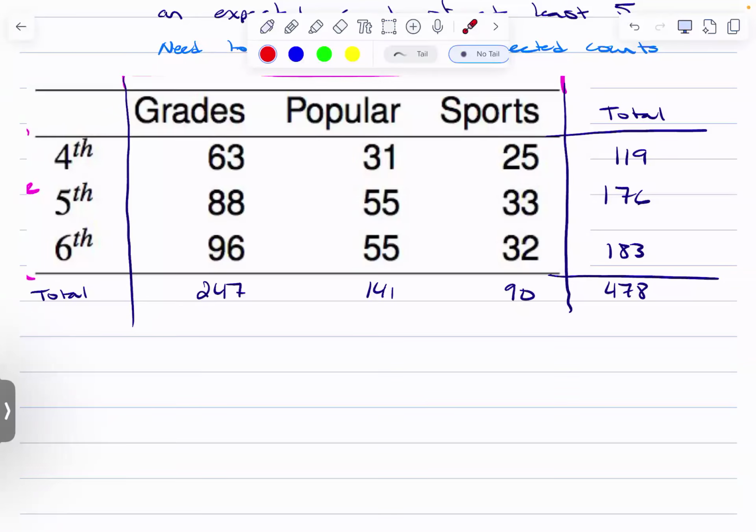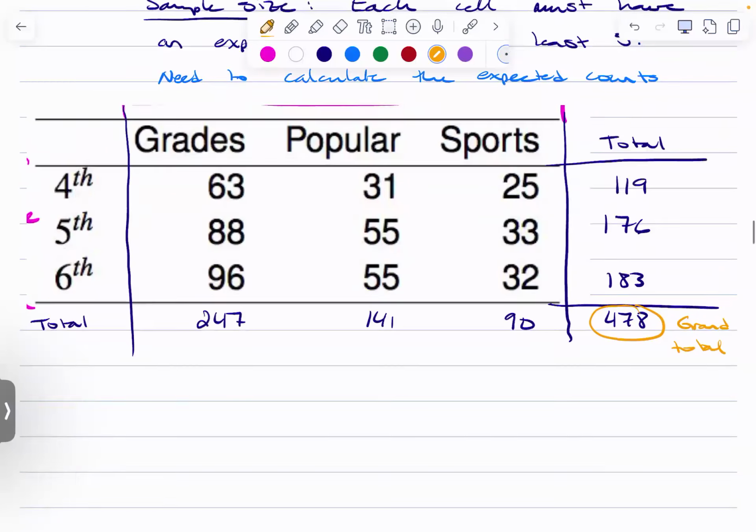And what you want to do is do them all individually and then make sure that they add up to 478 again. All right. So this 478 is my grand total. This is what we call the grand total on your formula sheet.